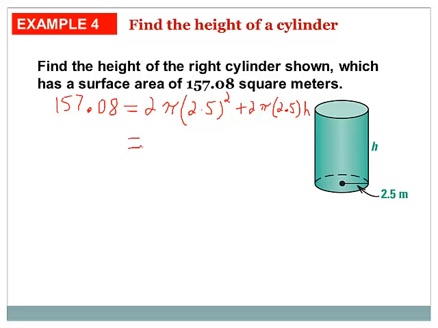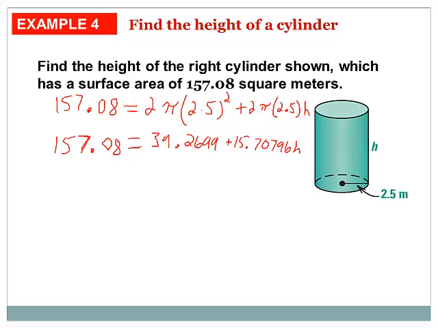So coming down here, when I simplify this left side, I would have 39.2699 plus 15.70796h. Once again, if you guys would notice, I am using exact, or as close to exact as I can get. I want to make sure that when I'm rounding these, I'm not rounding to tenths or even hundredths.